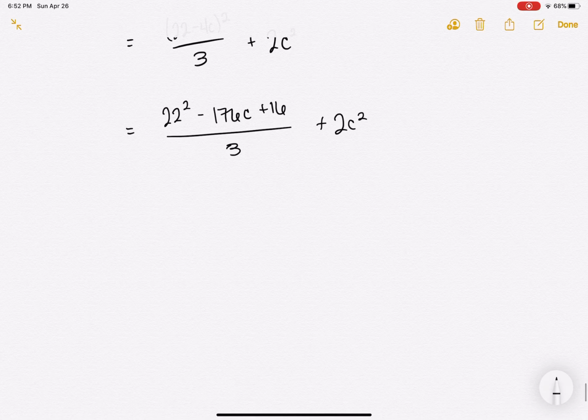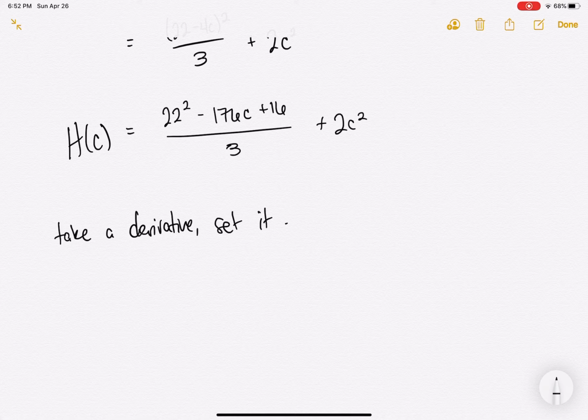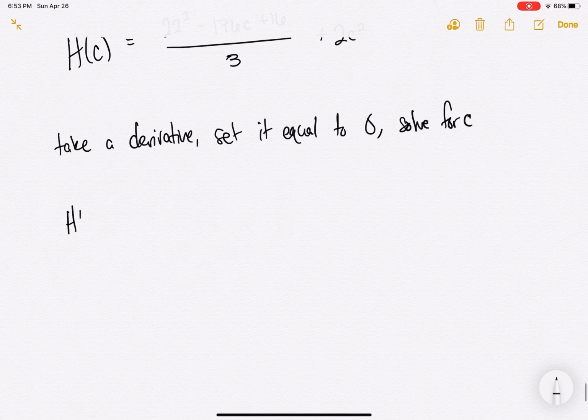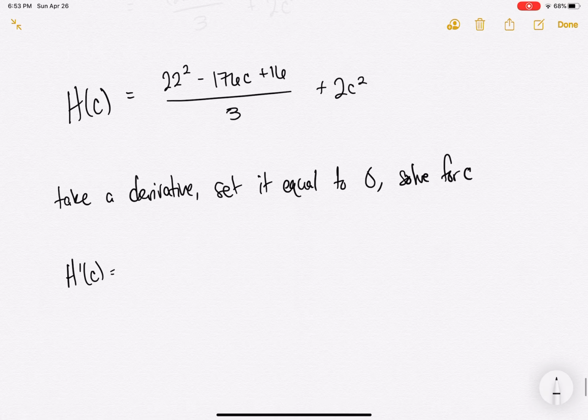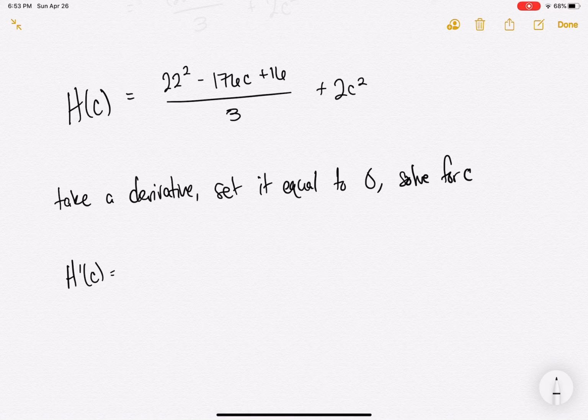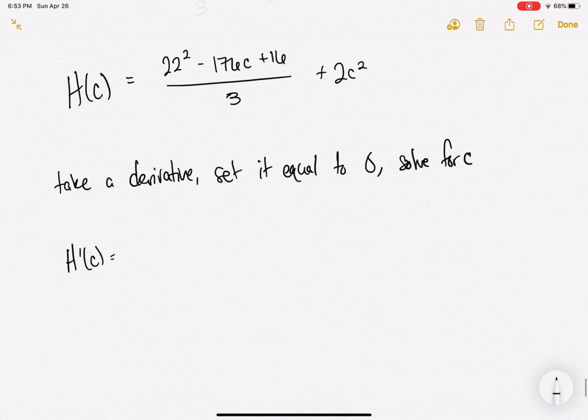And I'm going to take a derivative now. Take a derivative, set it equals 0. Solve for c. Let's do that. H prime of c equals, well, really the first term, 22 squared over 9, that's a constant, so that's gone.